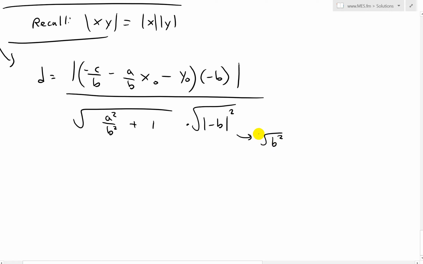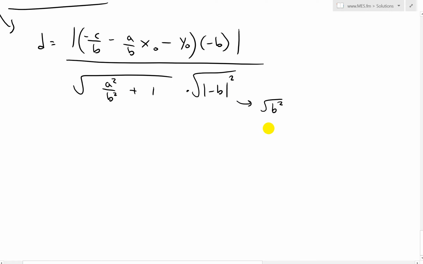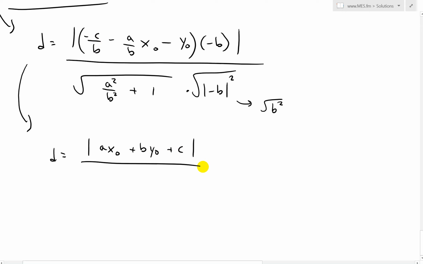So in other words, we can multiply this inside there, and then we can finally get some cancellation. All the negative b's over here cancel. All the negatives cancel, we're just going to get a positive. So we get an absolute value, and the b over here cancels, so we get an a x0. Put that in front, and then we have this one here plus b y0, and then the negative c over b becomes positive c, absolute value, square root.